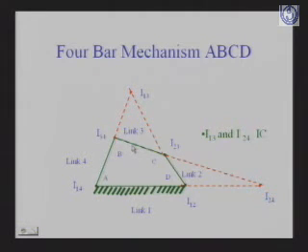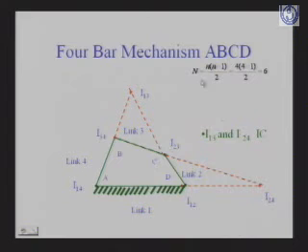Similarly, with link 3, link 2 and link 1, we have instantaneous centers I13, I23 and I12, and they are on the same straight line. Similarly, I34, I23 and I24 exist on a straight line.